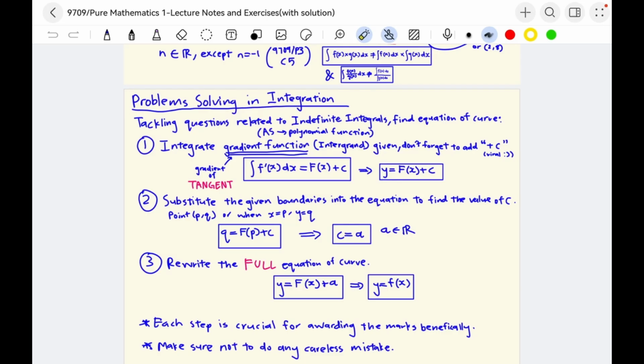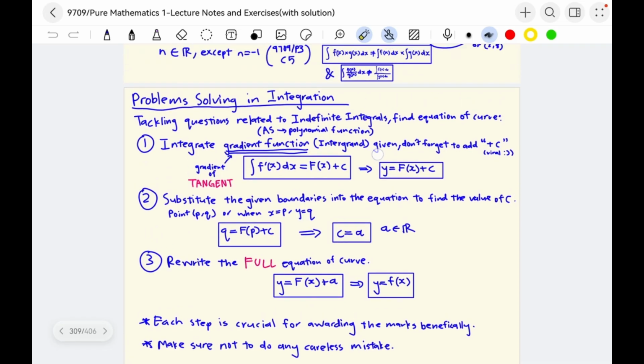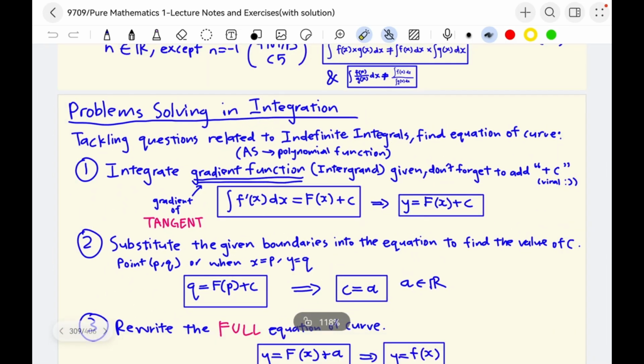This is the best-known question type related to indefinite integrals. When I say indefinite integral, it means that after the integration, we have to put the plus c, as I have told you before.